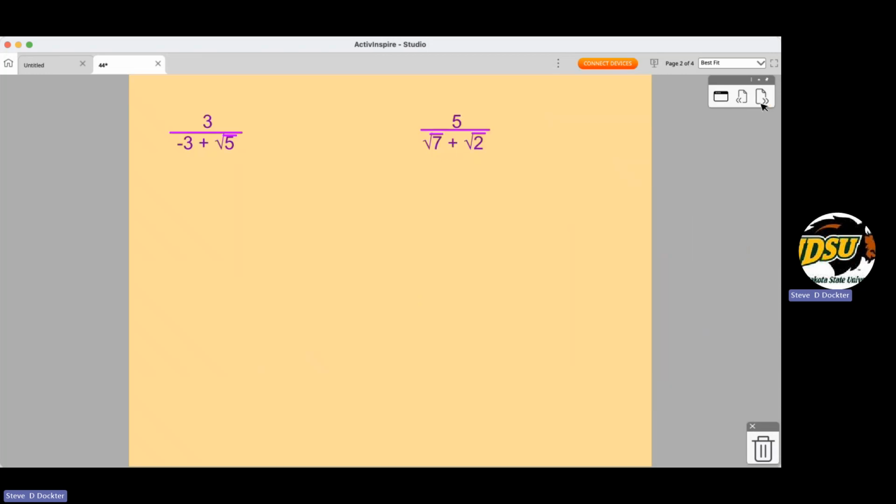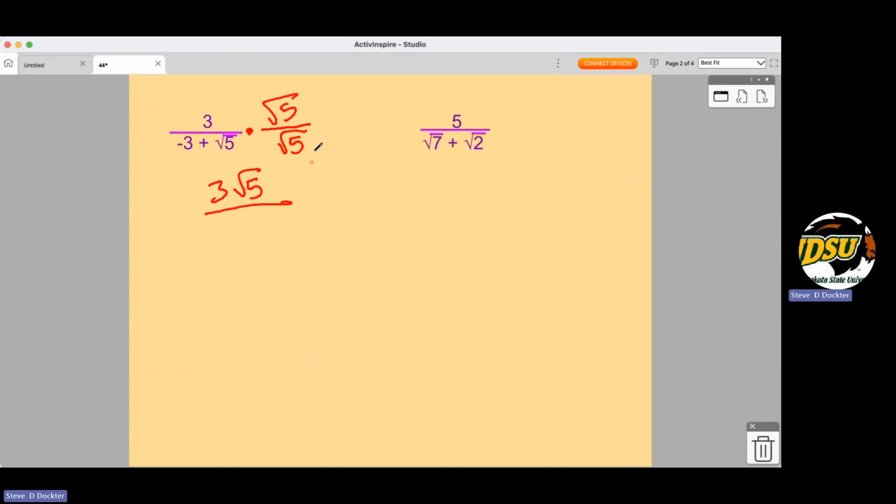Now, if we go to the next page, we still have fractions here, but for this one, we still have a square root in the bottom, but we don't have one term down here. We have two terms. All right, whenever you have two terms, you are going to multiply by something. Well, what we did on the last one is we multiplied by square root of 5 over square root of 5. Now, the top would get exactly what you wanted, 3 square root of 5.